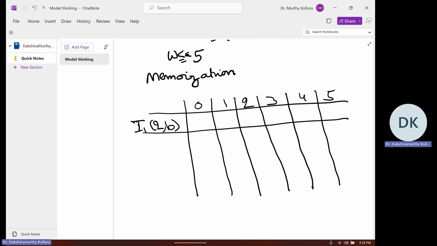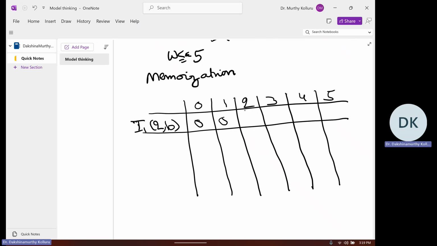When the weight is 2, if my knapsack can only allow 0, I can't take it. By the way, I could have started with any product. I just started with the first one. If it allows only 1, I cannot take it; my knapsack has to be empty.